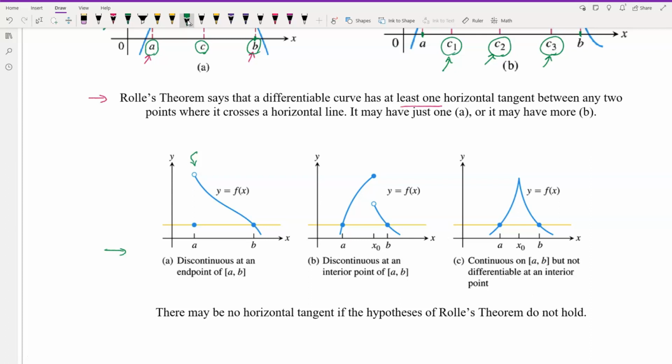Part B, again, this is discontinuous. But in this case, here we have open circle. So discontinuous at an interior point of closed interval A, comma B. In part C, this is continuous on closed interval A, comma B, but not differentiable at an interior point.